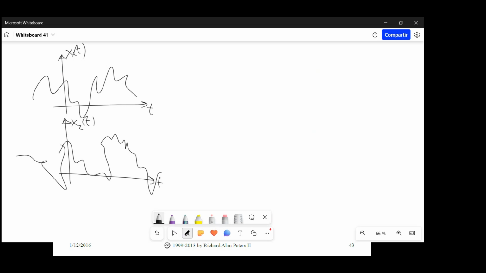So X of T is a random process. This is realization 1, this is realization 2. So now you can compute the autocorrelation of this process. The autocorrelation is the expected value of X of T times X of T plus tau.